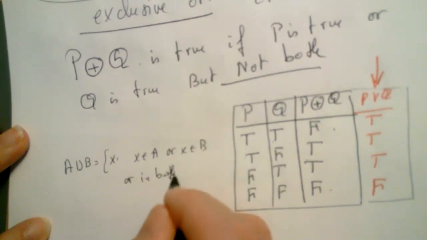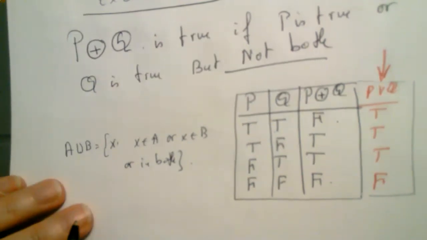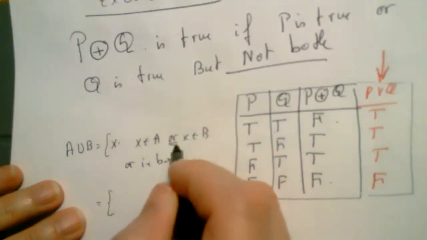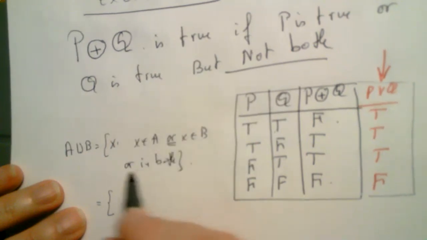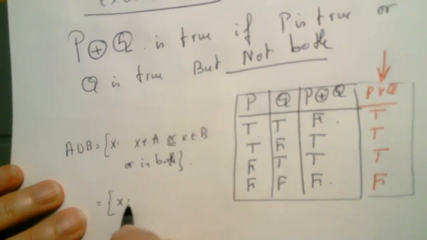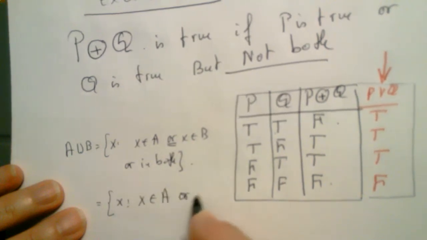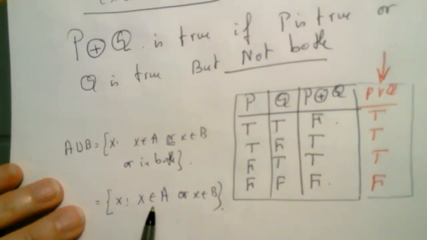But I was redundant, because in math, OR already means this one or that one or both.